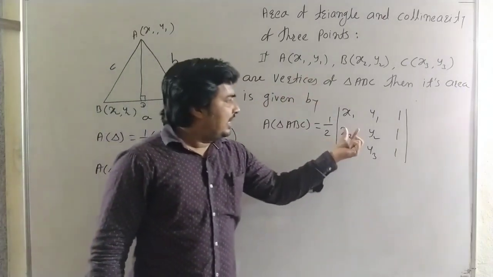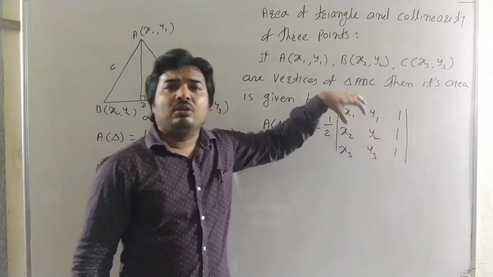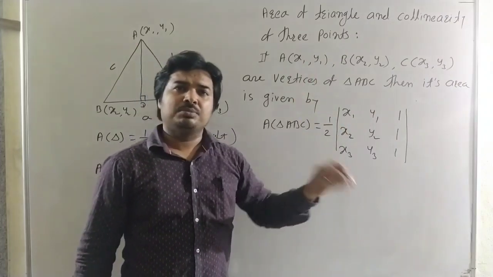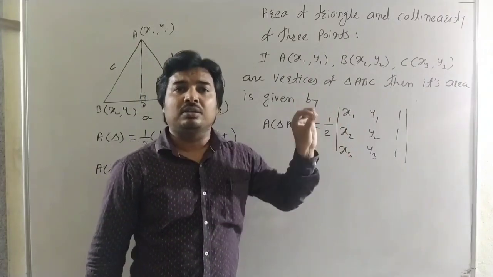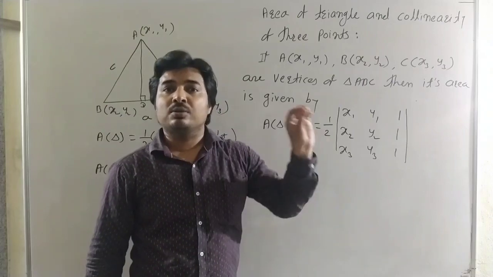Now, to find the area of the triangle we find the value of this determinant, and the determinant may be positive or negative, but the area of a triangle is always positive.